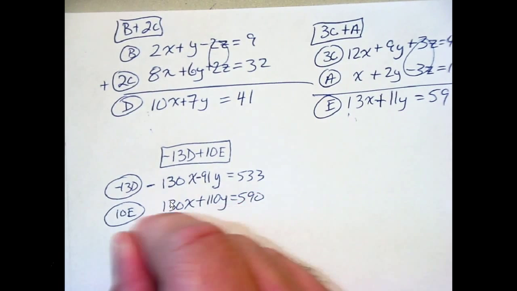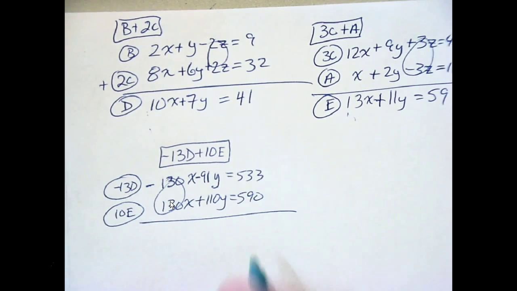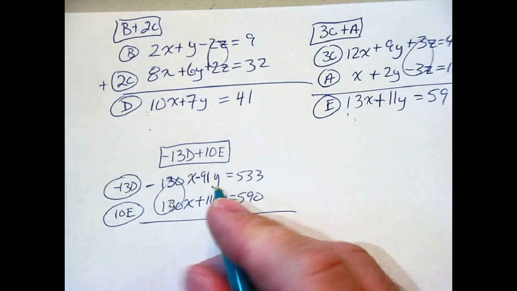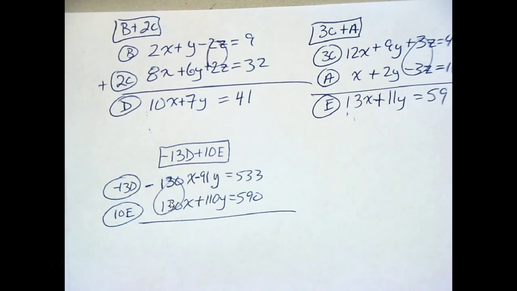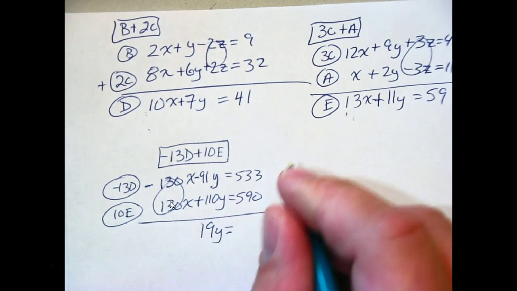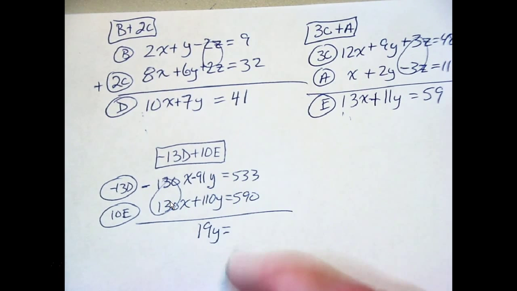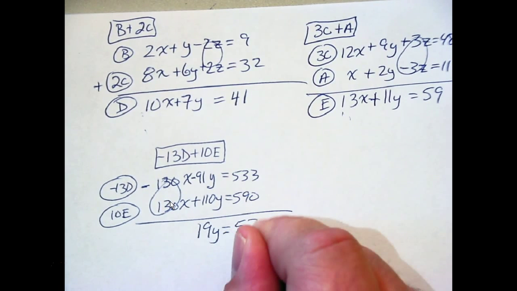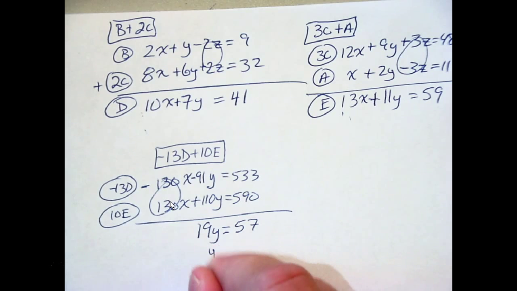We get 0. Oh, let's see, 19y, and so 57, and y equals 3.